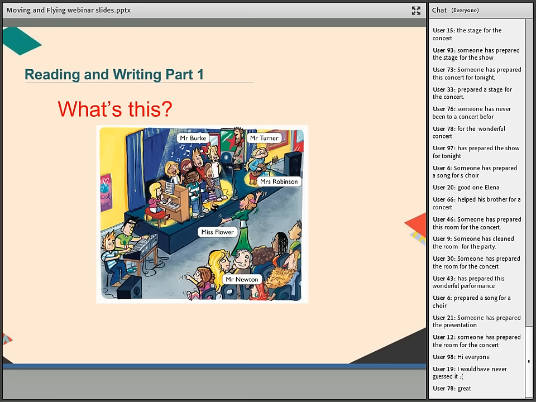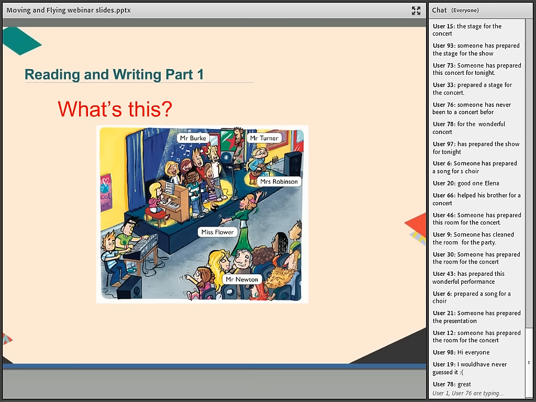Okay, so for this time, we're going to practice for part 1 of the Movers reading and writing test. I'm going to give you some sentences for things that you can see in the picture. And I want you to read the sentence and tell me what it's about.